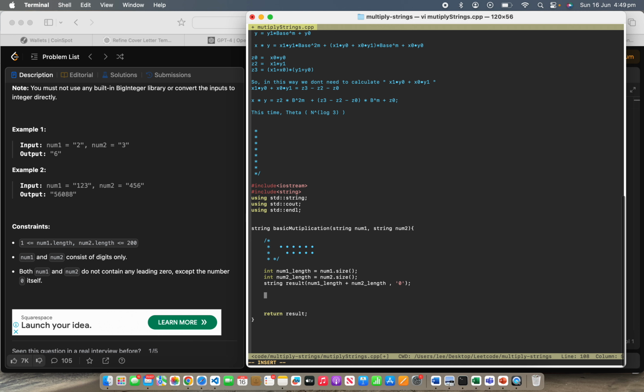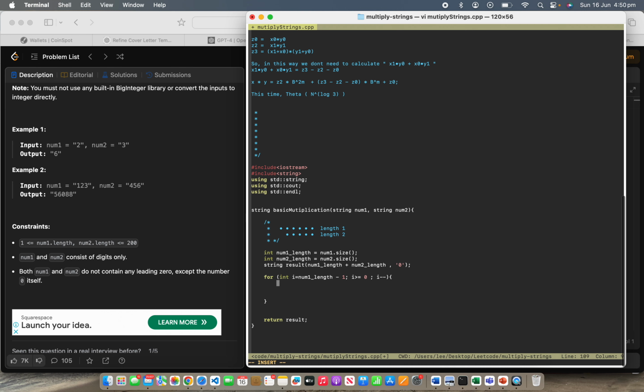Okay, so then we're going to do multiplication. So we assume this one has length 1 and 2. Okay, so for i is greater or equal to 0, i minus minus.